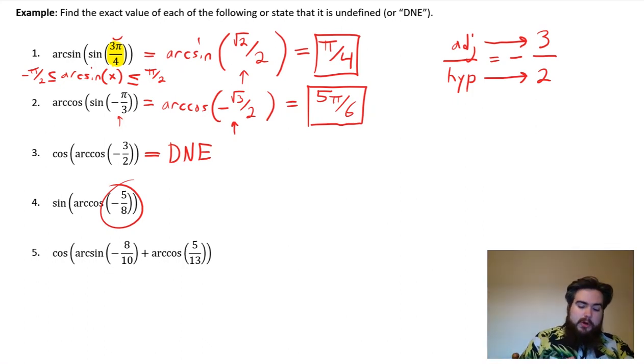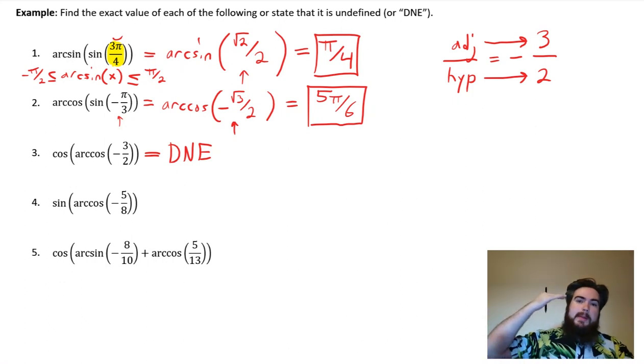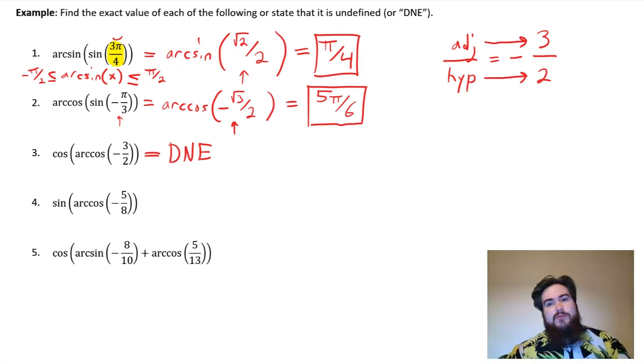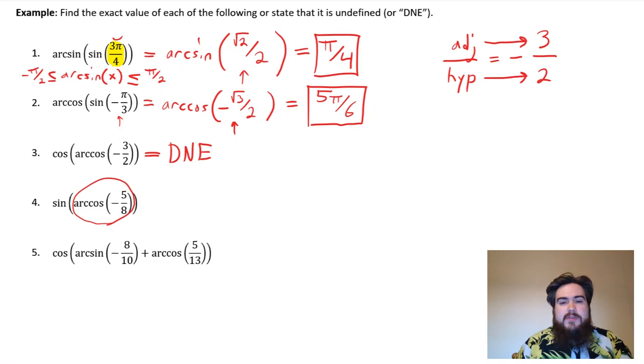That ratio for arc cosine implies the adjacent is 5, the hypotenuse is 8. That's a realistic triangle. Unfortunately, it's not a triangle for an angle measure I'm aware of. I don't know 5/8 as a ratio from the unit circle. So it's hard for me to evaluate what angle measure this is and then take sine of that angle.